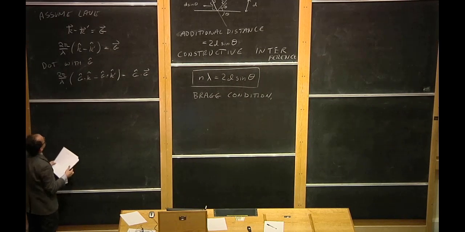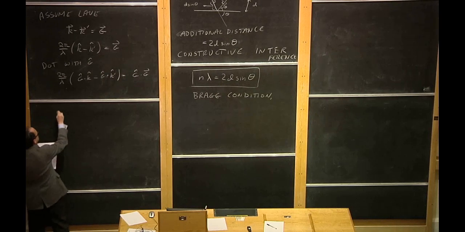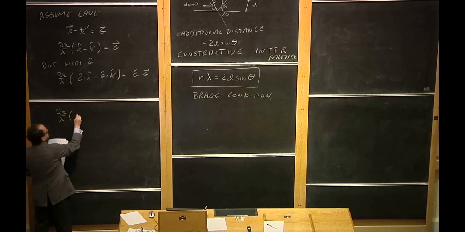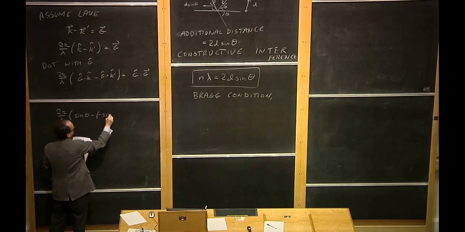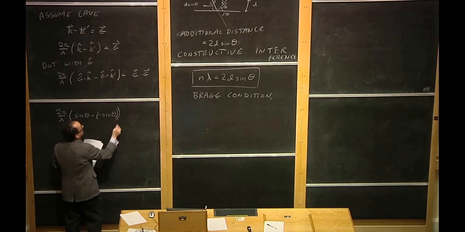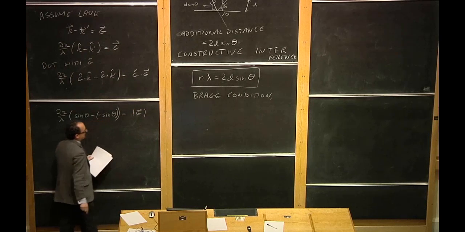Okay, then we'll substitute in. We just had that G hat dot k hat is sine theta, so we'll substitute that in. So we get 2 pi over lambda. So this is sine theta here. The second term is minus sine theta. And then G hat dot G vector is just the absolute value of G vector.